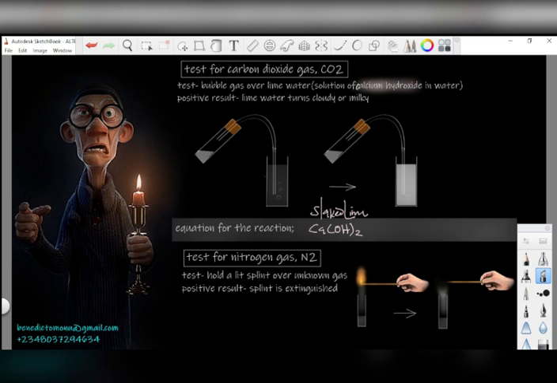Now, if you bubble the gas through a solution containing water and calcium hydroxide or slaked lime, which we call lime water, the lime water will turn cloudy or milky if the gas is carbon dioxide. Else, it is not carbon dioxide. That happens because the slaked lime, the active ingredient, reacts with carbon dioxide and forms calcium carbonate, which is limestone, and water.